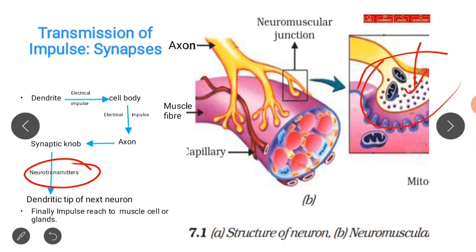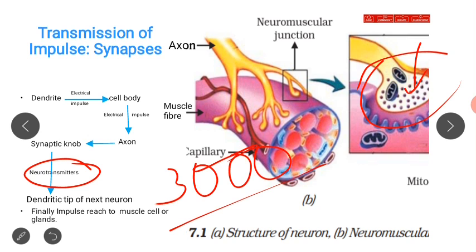In most of the cases, acetylcholine acts as the neurotransmitter. Each vesicle contains about 3000 molecules of acetylcholine.